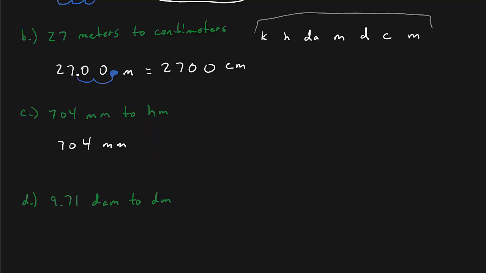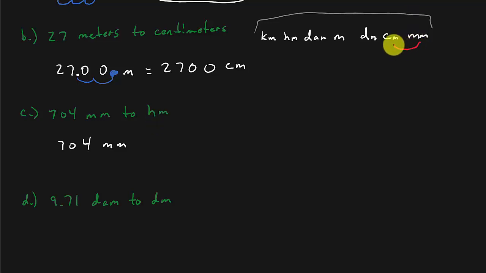That's an H. All right, so I'm starting at millimeters. And like I said, when you write this out, I might just go ahead and put the M behind it. That might make it seem better. But anyway, we're going from millimeters to hectometers.